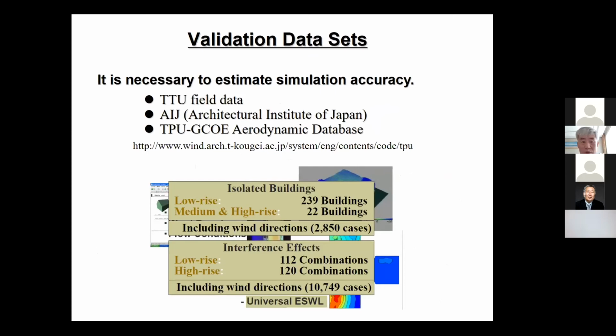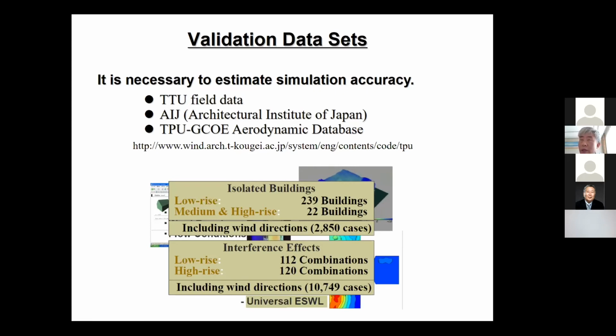Finally, I introduce that because it's CFD, we have to validate our data. There are a lot of data from fundamental research. Also, in our wind engineering field, you can do some validation by comparing with the data provided by wind engineering researchers. First, you can consider TTU field data.